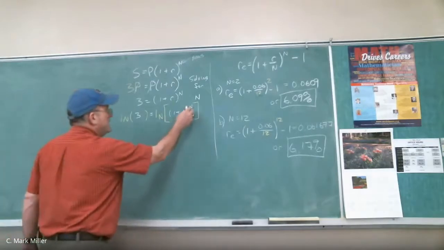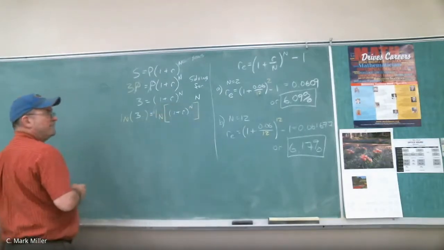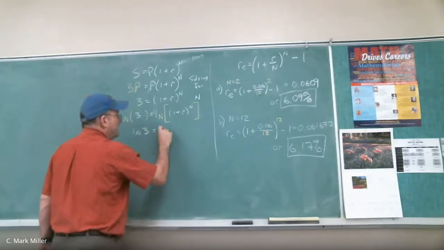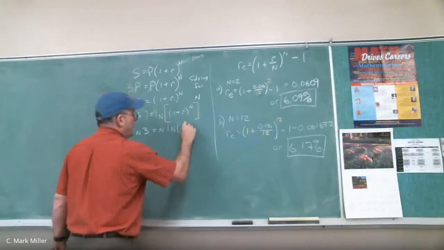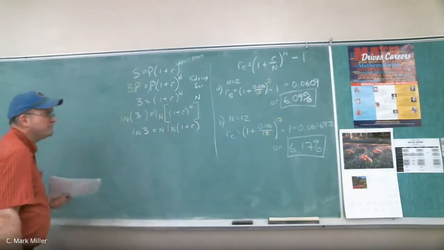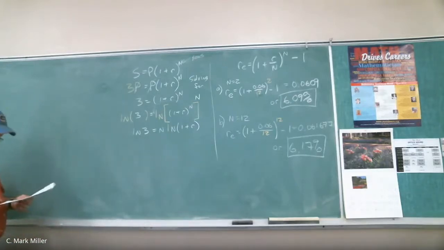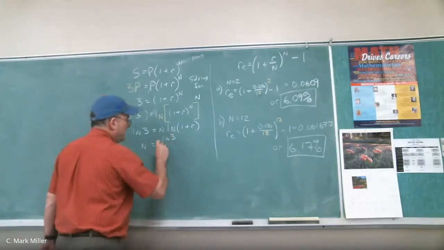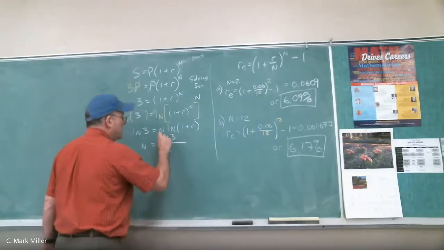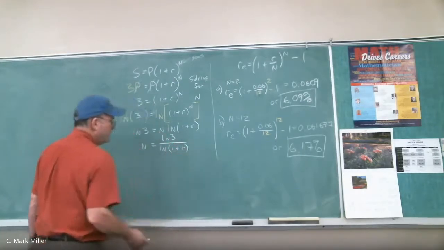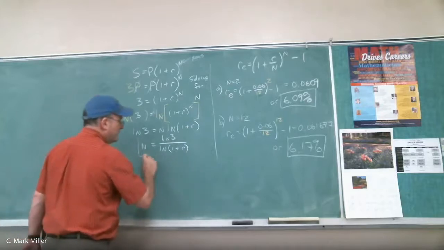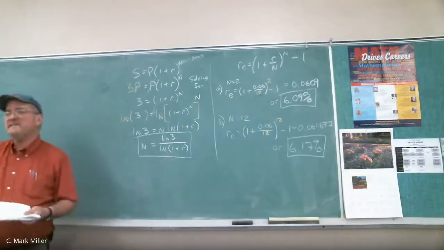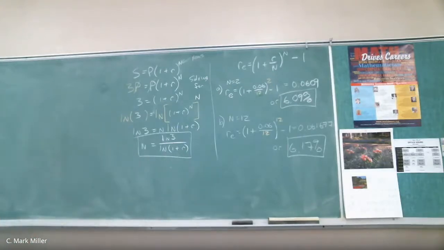So we get natural log of 3 is N times natural log of (1 plus R). And so N equals natural log of 3 divided by natural log of (1 plus R). So you put your interest rate in there, and that's how long it will take to triple. And I did not need the calculator.